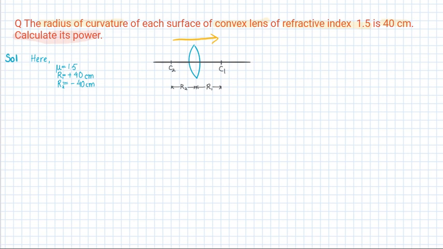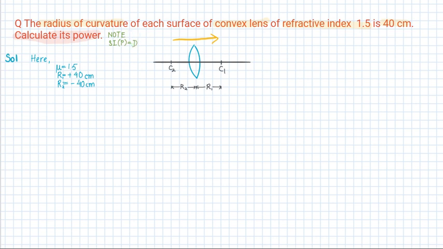Now here we have to calculate the power of lens. What is the SI unit for power? The SI unit for power is diopter, isn't it? Just now we have discussed.